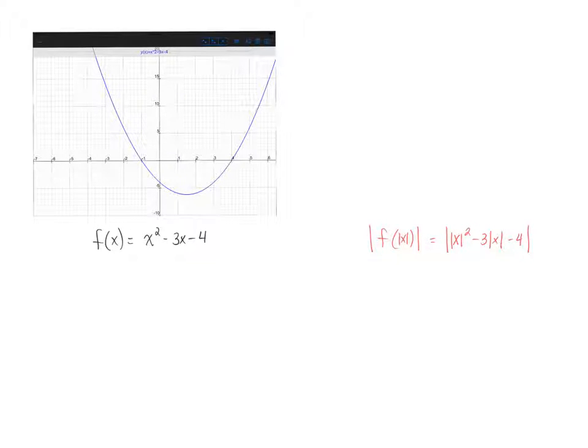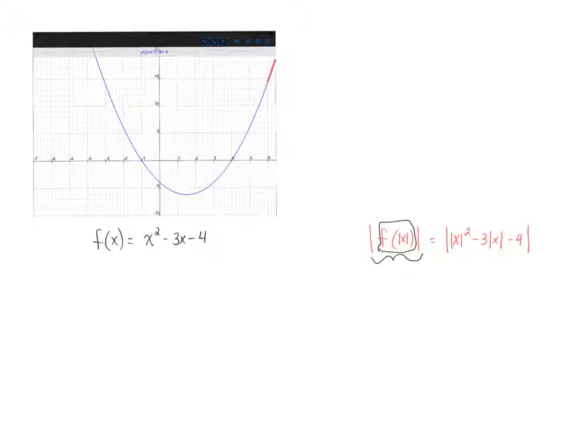Okay, so now lastly we have the case of the absolute value of f of the absolute value of x. This shouldn't be too bad because we've already created this function on the last slide, f of the absolute value of x. So for example, we'd be looking at something that would just repeat this right side. Oh, I think I want to do that in red.